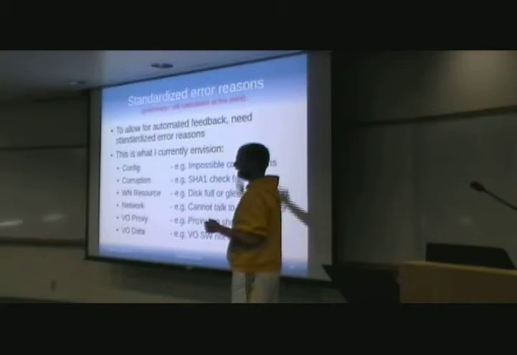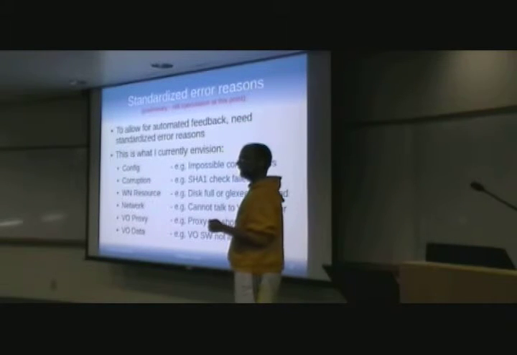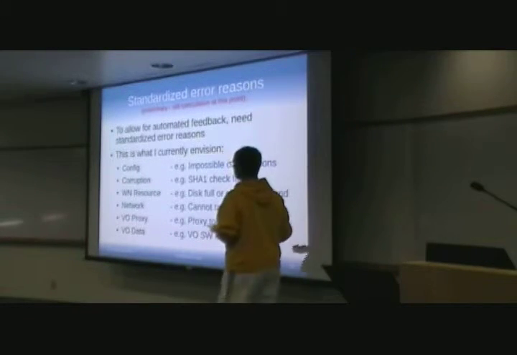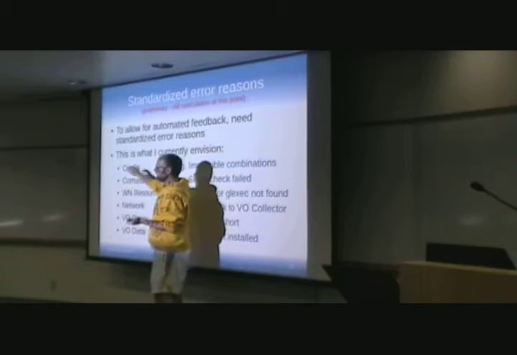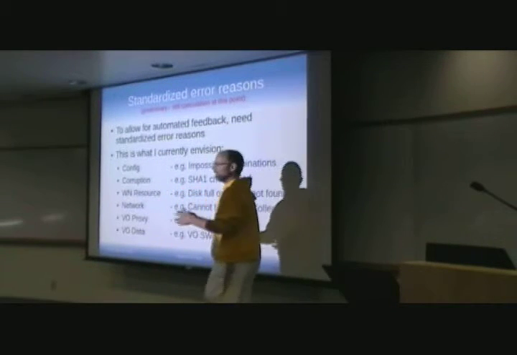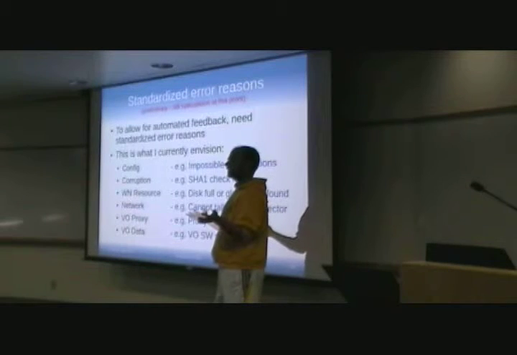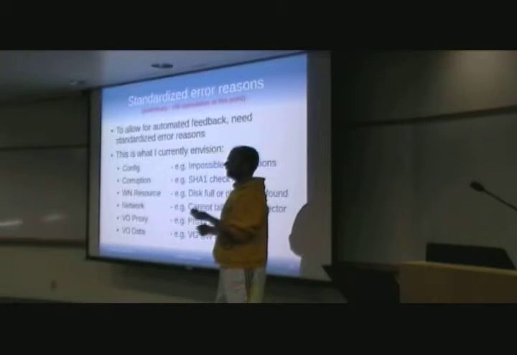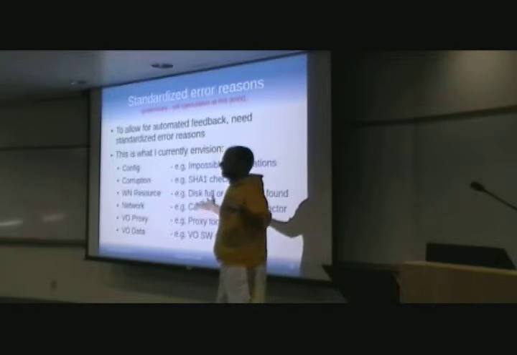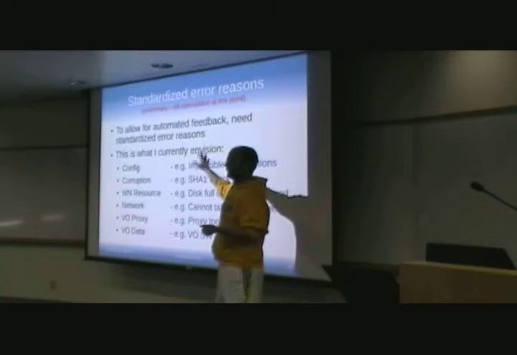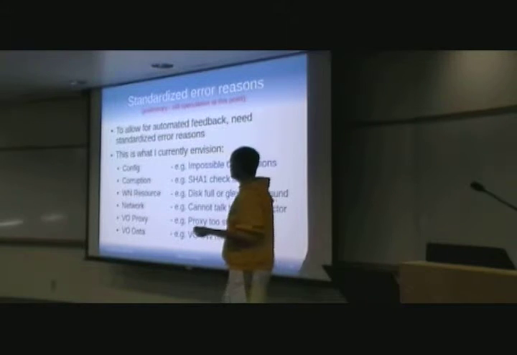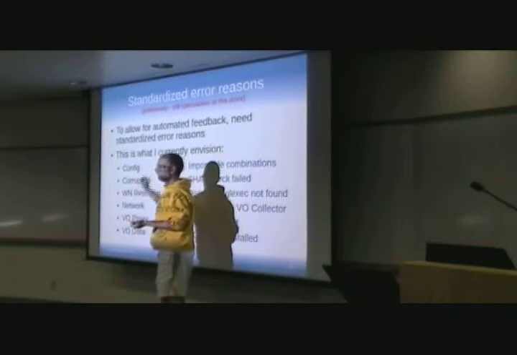And this is just my 2-hour thinking about it. I'm not saying it's the final one, but for example, we could have something in the config went wrong. So, for example, there was an impossible combination of attributes. I asked you to disable UDP and use UDP for all the traffic. Doesn't make sense. So it would fail with a configuration error. You may have a corruption error.